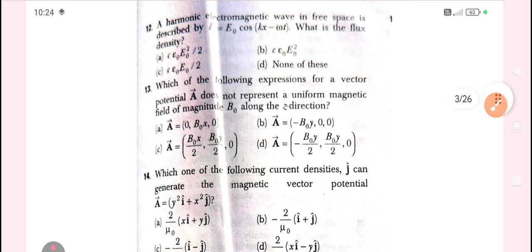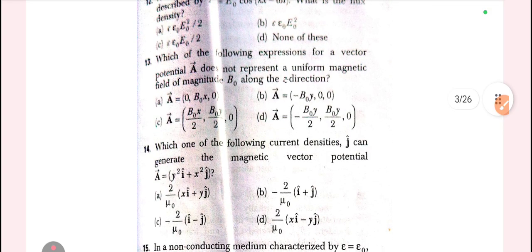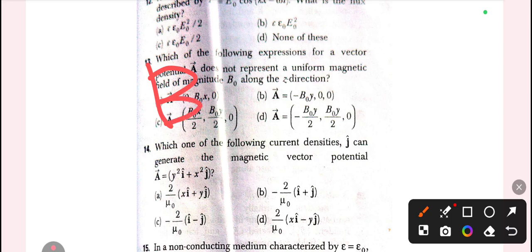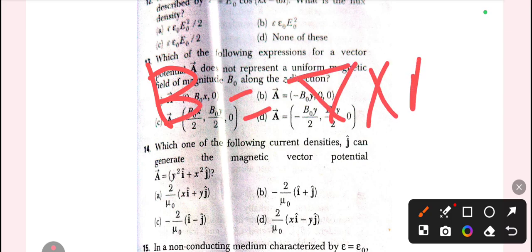We have another question. Which of the following expressions for a vector potential does not represent a uniform magnetic field? For this question, we have to calculate B equals del cross A, and on expanding this you will get the answer.